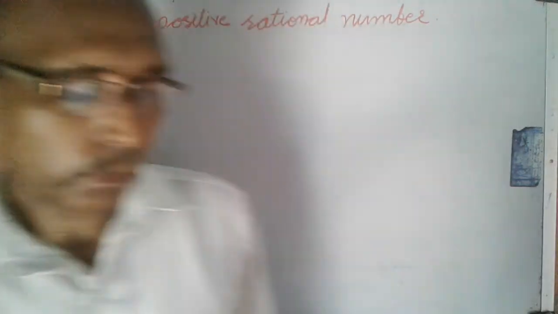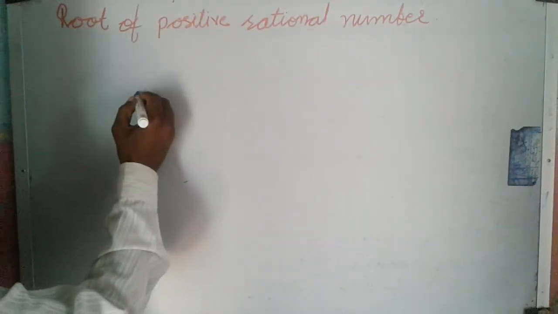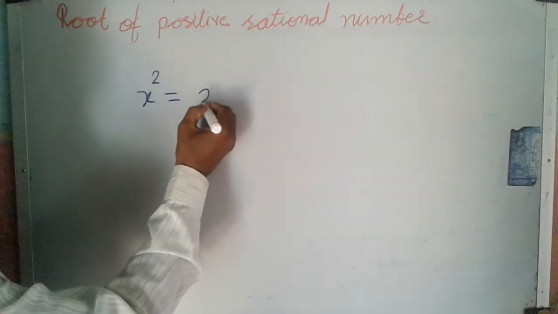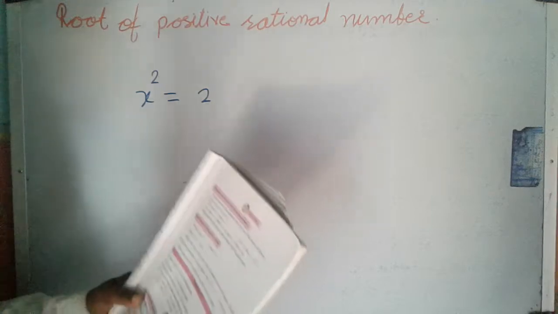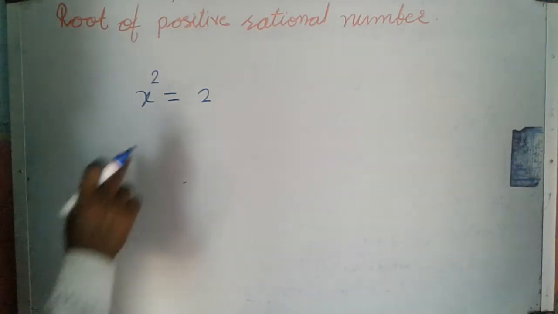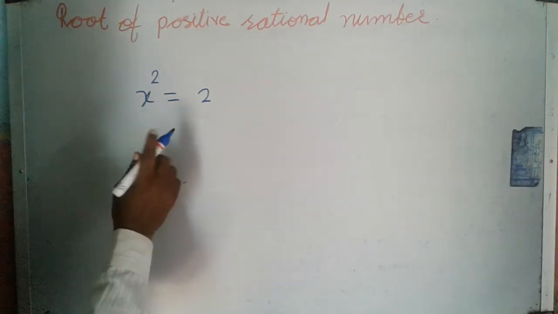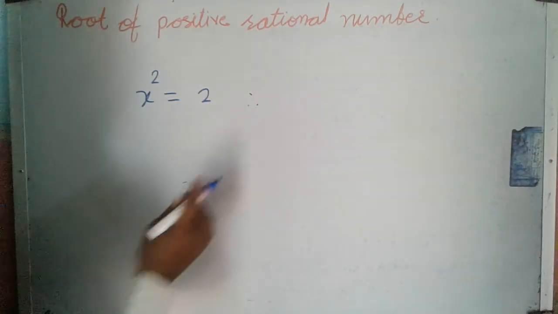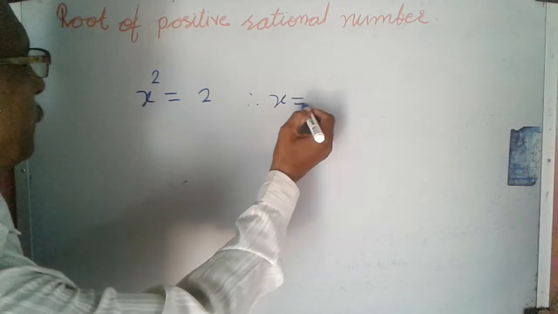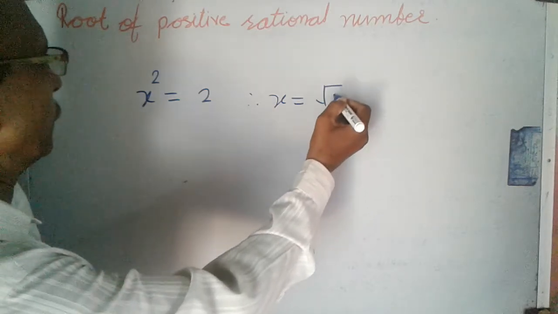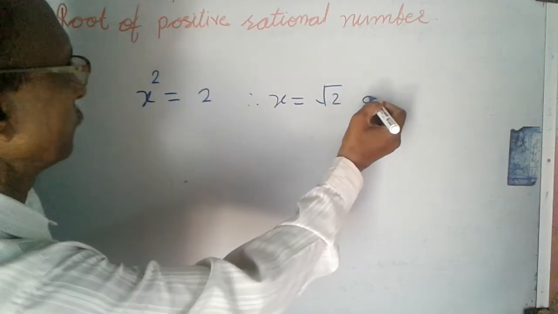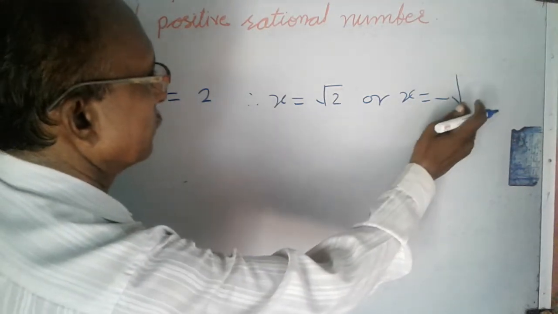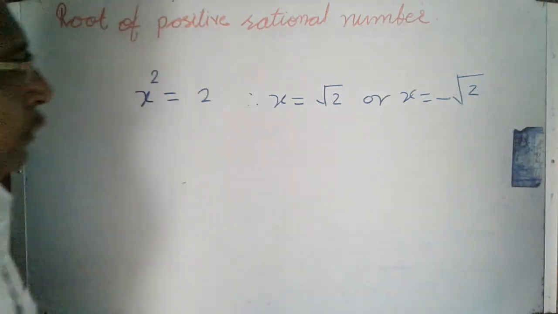Suppose x squared is equal to 2. If you take the square root of both sides, then we get x is equal to root 2 or x is equal to minus root 2.